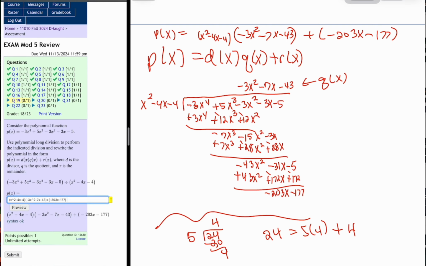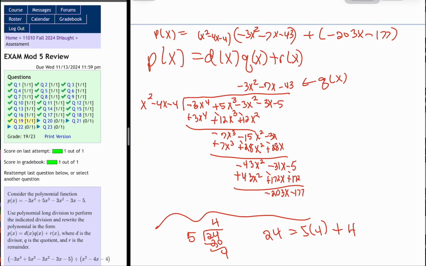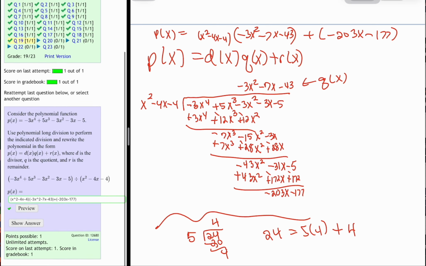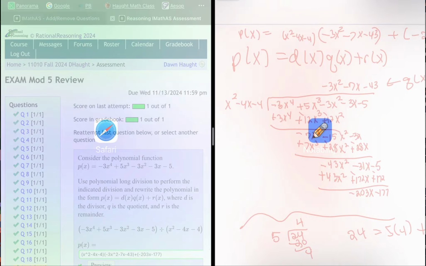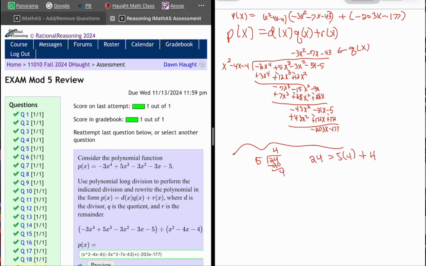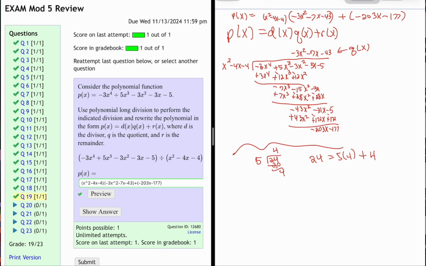Now, if I didn't make a stupid mistake along the way, nope, I didn't. We're good. Yay! So it's just what did you divide by, in parentheses, times your answer, your quotient, in parentheses, plus in parentheses your remainder.